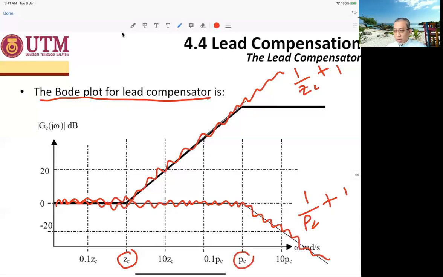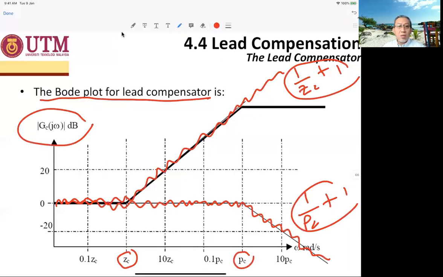When you add together this ZC and this PC, it gives you the bold line there. The bold line is the total of ZC and PC. This is for the magnitude in decibel.